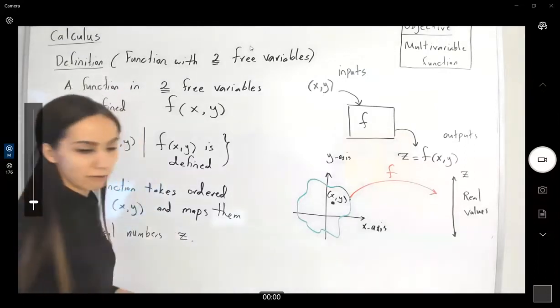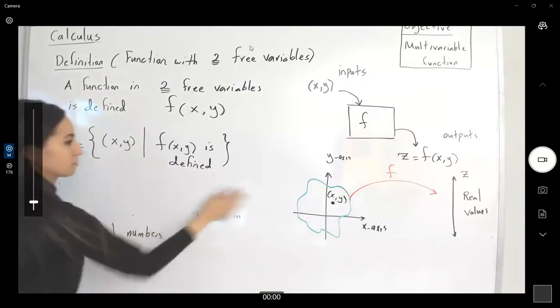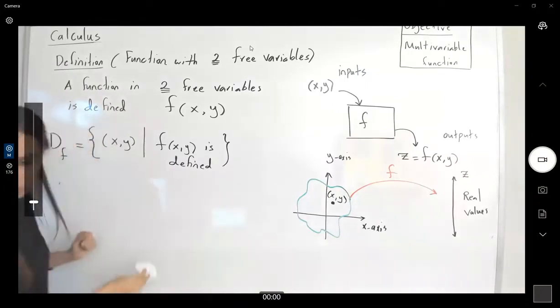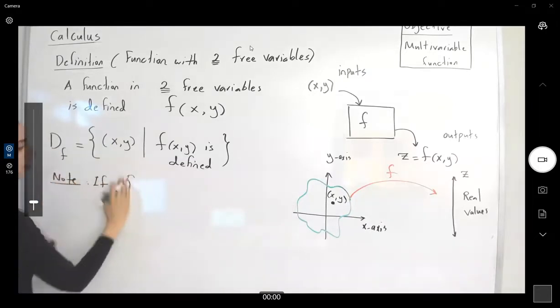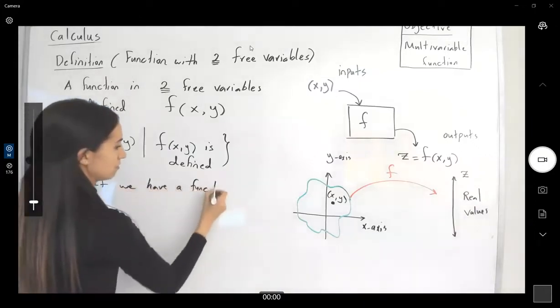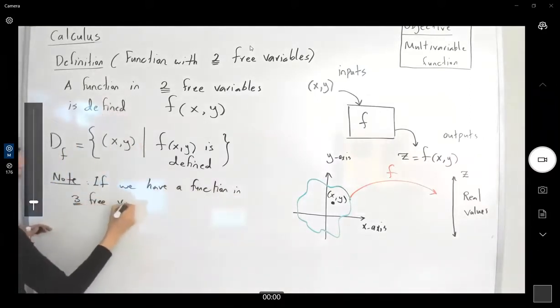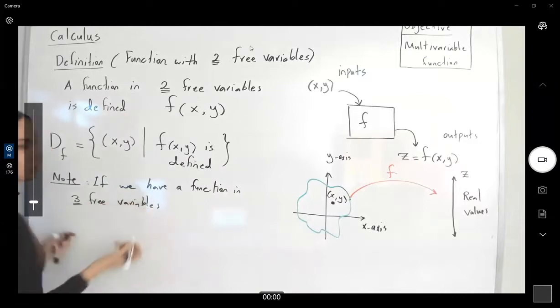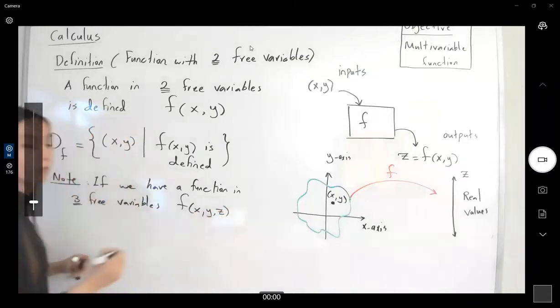So if we have a function in three variables, we denote it this way: f of x, comma y, comma z.